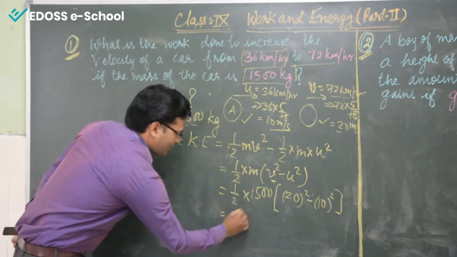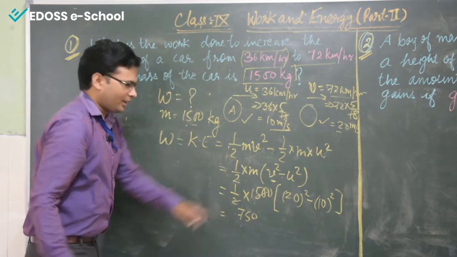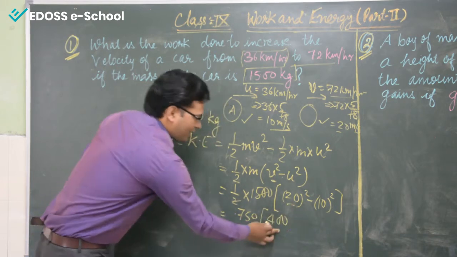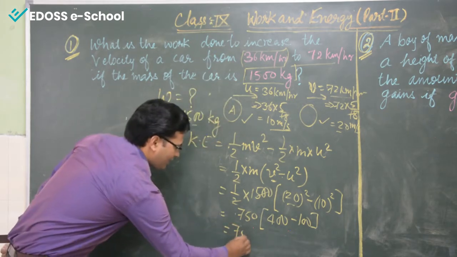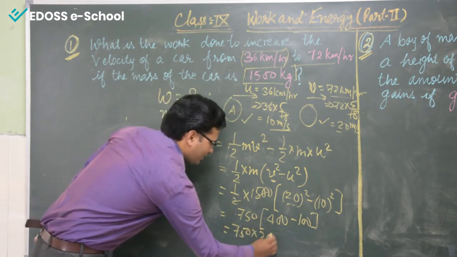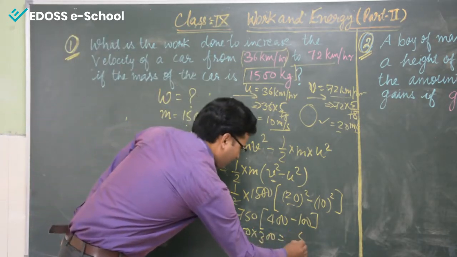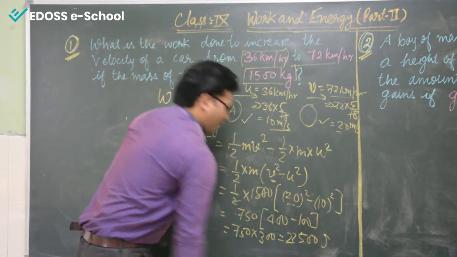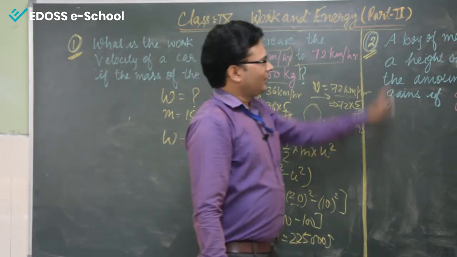So the result is 750, 1500 gets cancelled by 2, and in the brackets 20 square is 400 minus 100. So the result is 750 multiplied by 300, which becomes 22500 joules. Coming to the next problem.